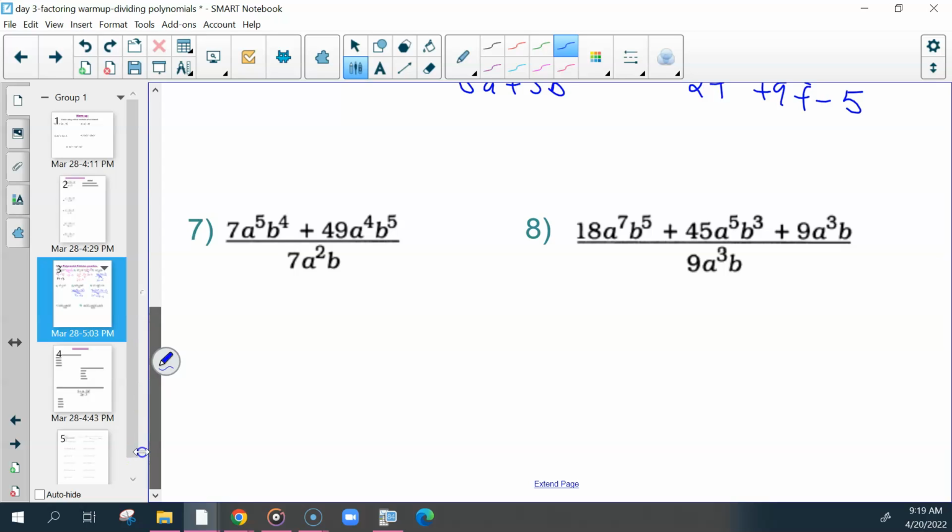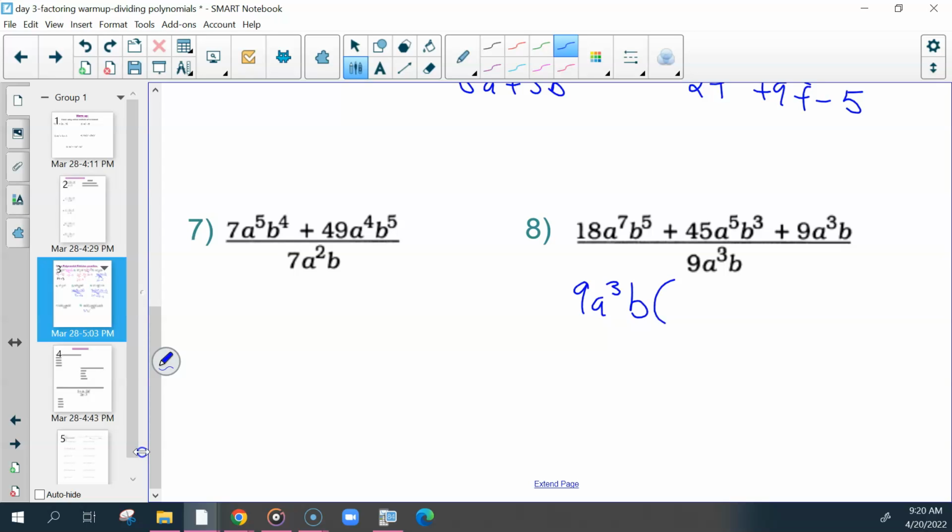Let's do 8. What does 8 have in common? 9a. Yes.